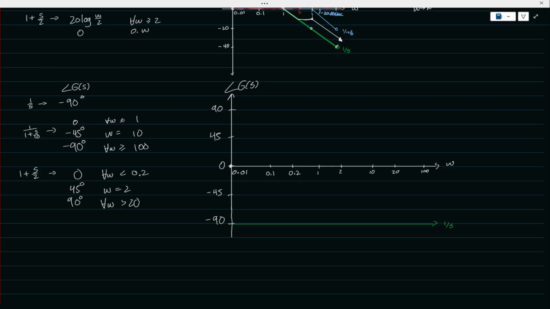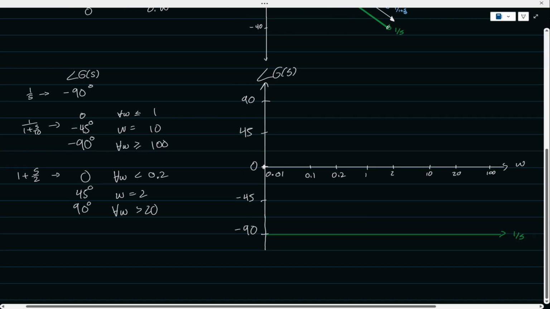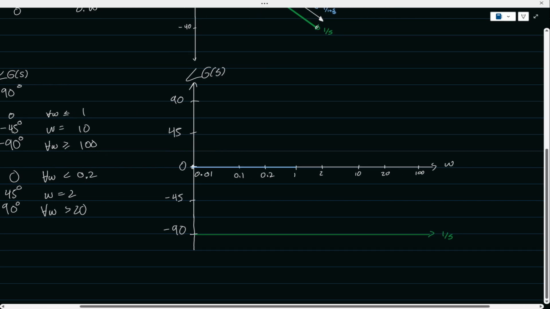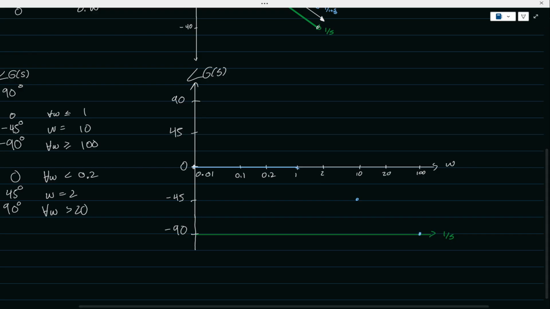Now, for 1 over 1 plus s over 10, it's a piecewise function. It is 0 for all omega less than or equal to 1. I'm going to do this one in blue. Anything before 1 is just going to be 0. Then it needs to go negative 45 by the next decade, and then negative 90 by the decade after that, so all the way down here about. Again, this sketching does not have to be perfect.